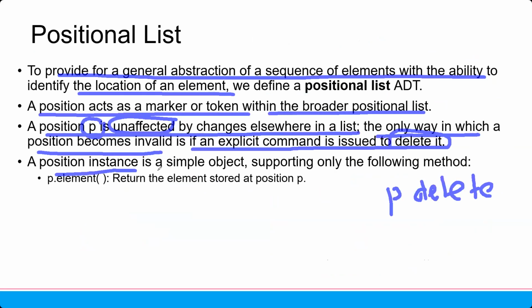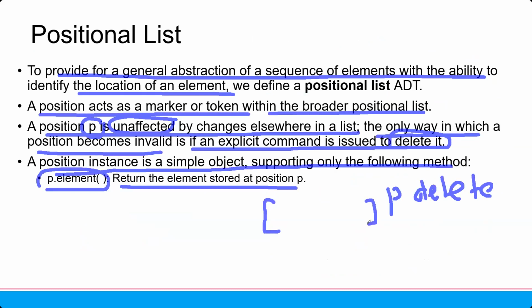So a position P is a simple object supporting the following method. For example, I want to know the element. P dot element means I want to know what is the element at the position P. So if you look at the list at index 0, index 1, index 2, index 3, and so on, I want to know what is the element of index 1.